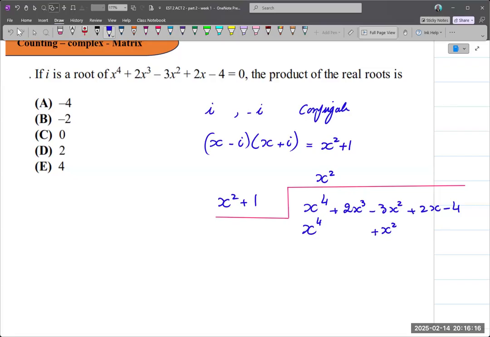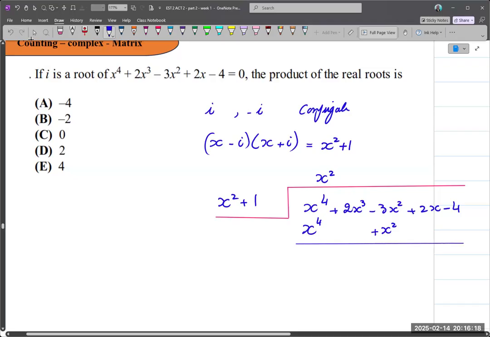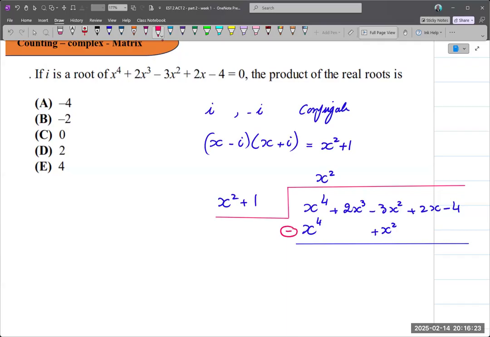Let's do a subtraction now by changing the sign. This will be negative and this will be negative. x to the power 4 minus x to the power 4 is gone. 2x cubed plus 0 is 2x cubed, minus 3x squared minus x squared will be minus 4x squared, and we have plus 2x minus 4.